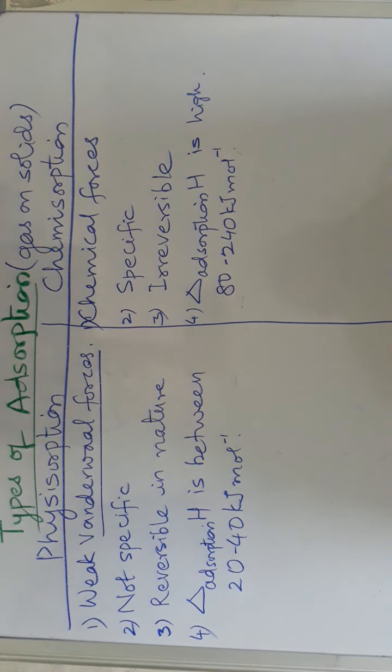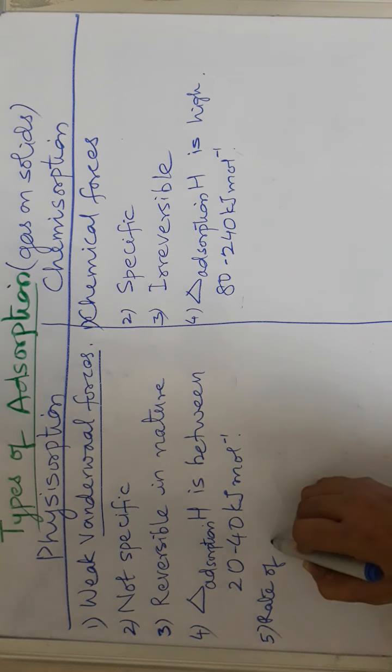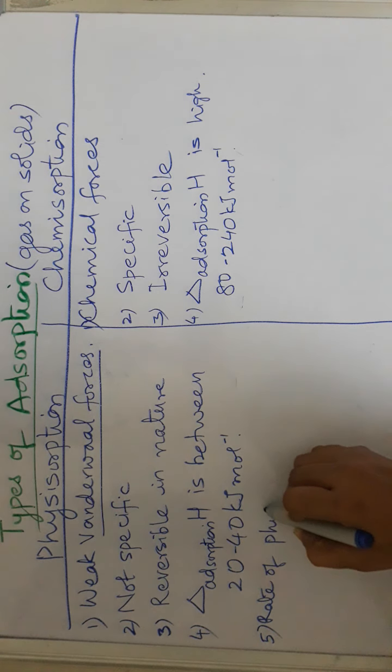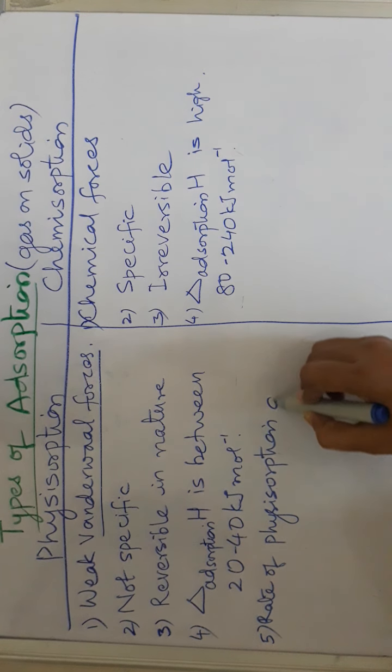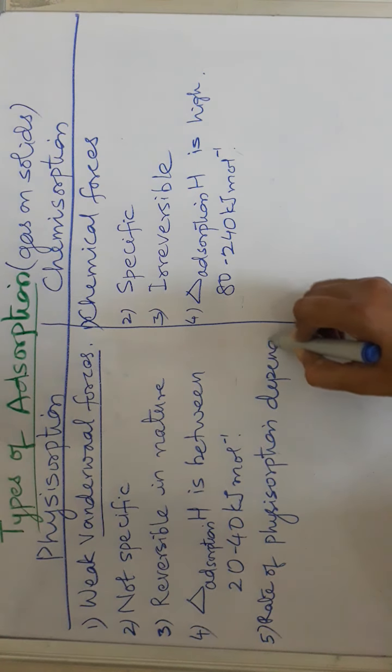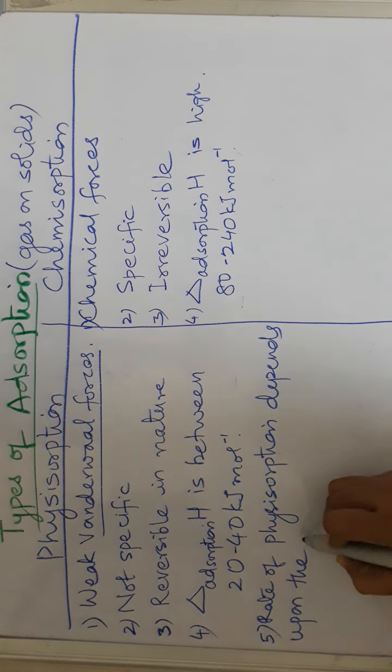Another difference between physisorption and chemisorption is that physisorption depends upon the nature of the gas, that is, the rate of physisorption depends upon the nature of the gas.